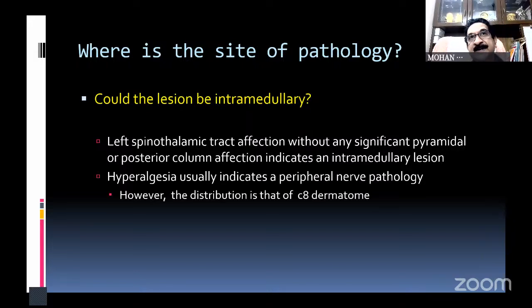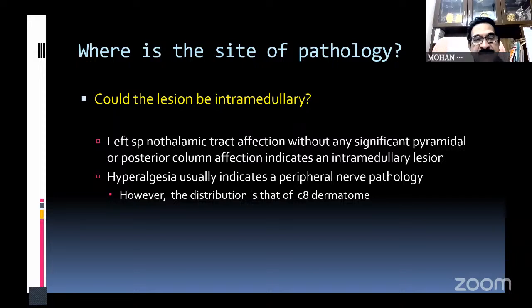And how to explain the hyperalgesia? Usually neuritic hyperalgesia indicates a peripheral nerve pathology, but that is not fitting with a nerve lesion, because it is spanning over the ulnar nerve as well as the medial antebrachial cutaneous distribution. So both can be explained by a C8 dermatome.